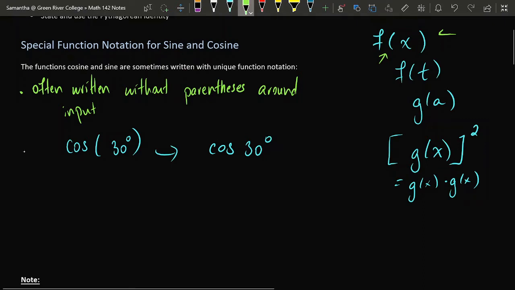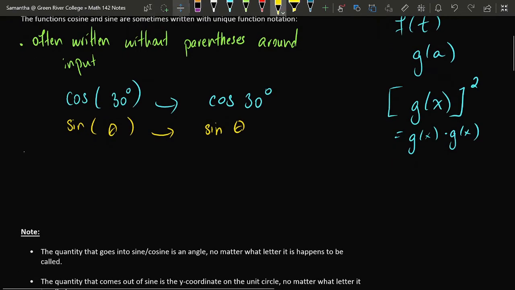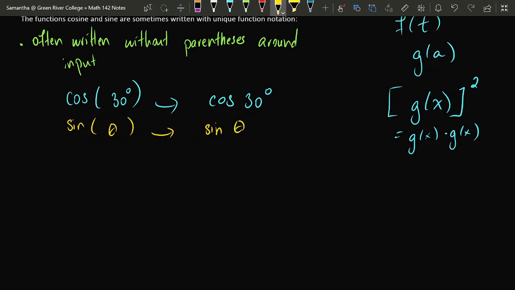Although it's technically only correct to write something like sine parentheses theta to indicate that theta is the input, you might also see this written as sine theta with no parentheses. So be on the lookout for that. Sine and cosine are used so often and are so special that they are sort of allowed this privilege of being able to walk around without their parentheses.